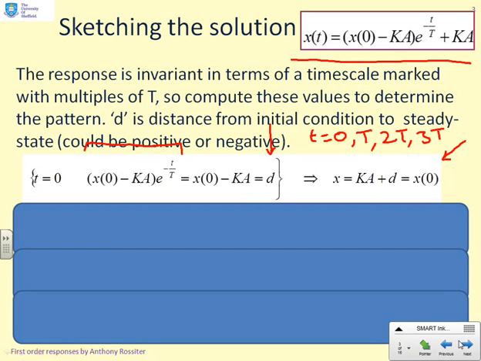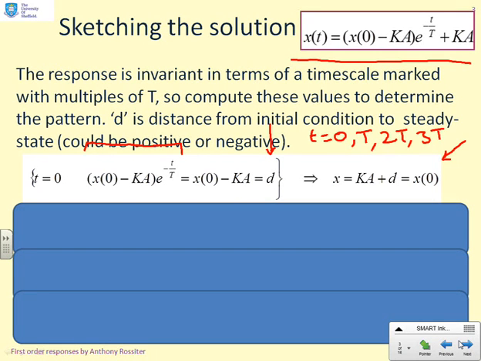What's interesting is that this comprises two terms, KA and d. And KA, we know from the earlier videos, is the steady state. So this x has been written as the steady state plus a distance from the steady state. So we know how far the initial condition is from the steady state is given by this term d.